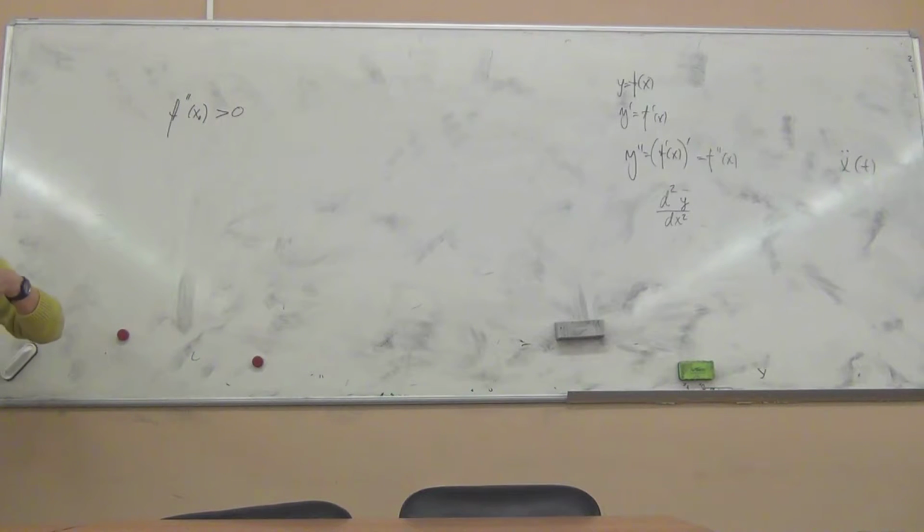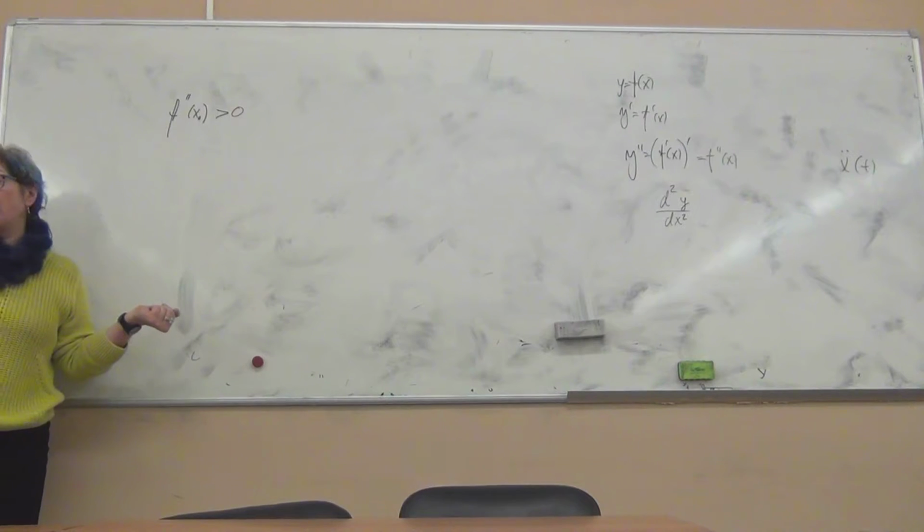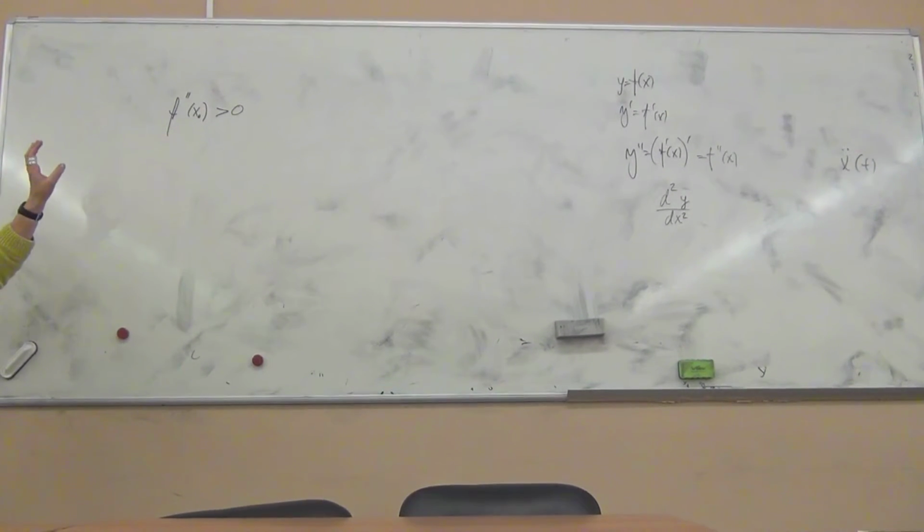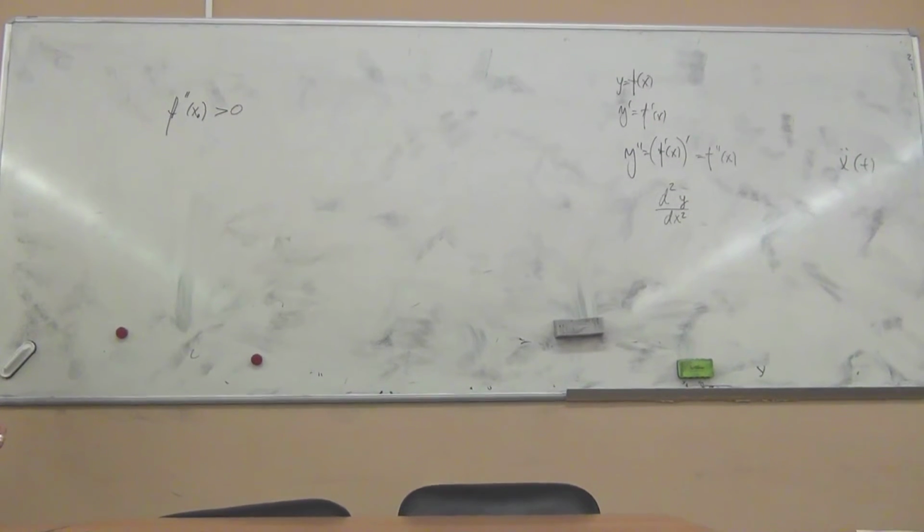A function never behaves at a single point. Even when we say the function is increasing at this point, or the function is doing this at that point, we always think in comparison to some other points in the closest neighborhood of this point.